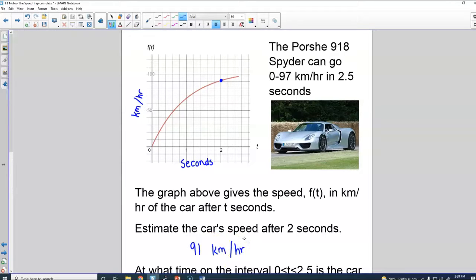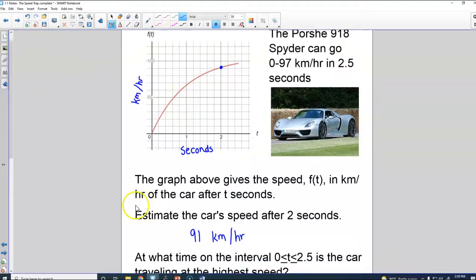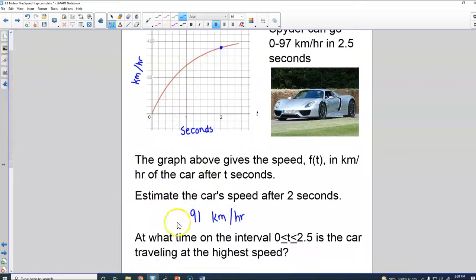Because we're looking at a different type of graph this time, right? It's not distance and speed. We don't have to figure it out if it asks us about speed. All right, so we're just reading the graph for this. This is definitely not calculus math at this point. At what time on the interval from 0 to 2.5 is the car traveling at the highest speed?